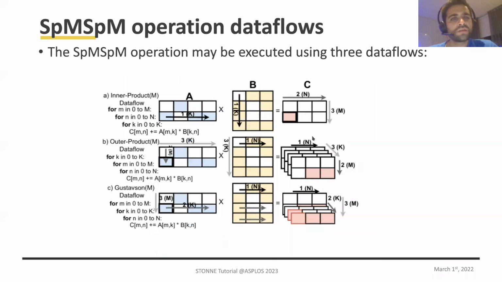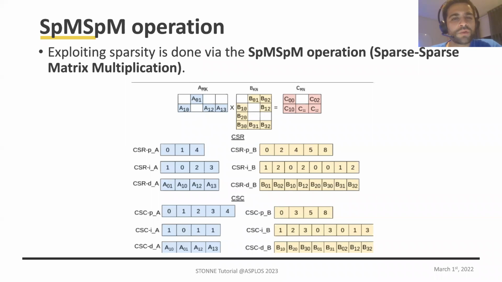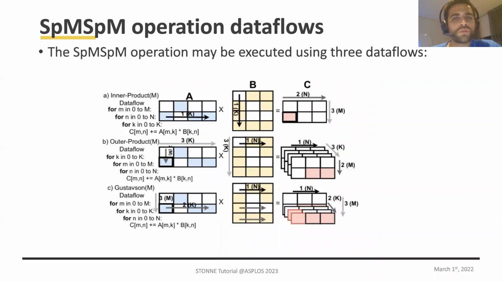And there are several ways of performing this multiplication, what we typically call in the research area dataflows, which is how the loop orders are arranged to perform the multiplication. So we have inner product, outer product, or Gustavson's. I'm not going to get into details.